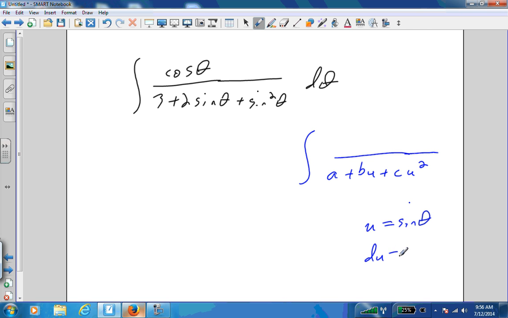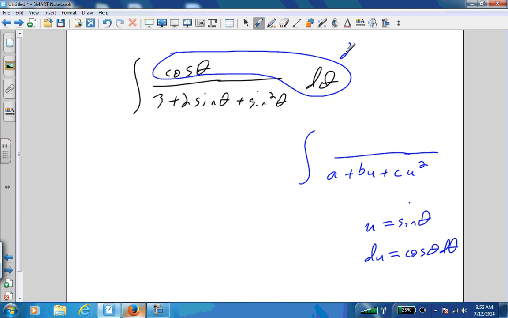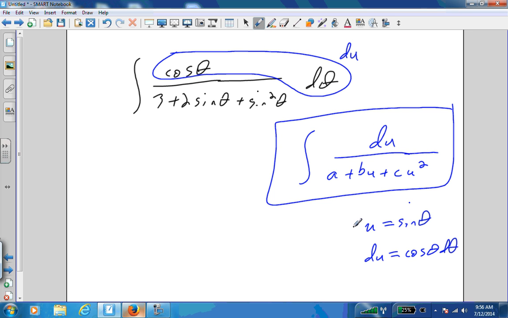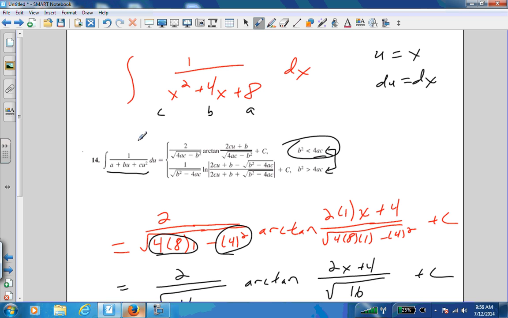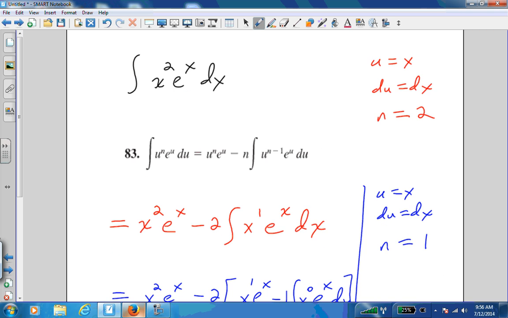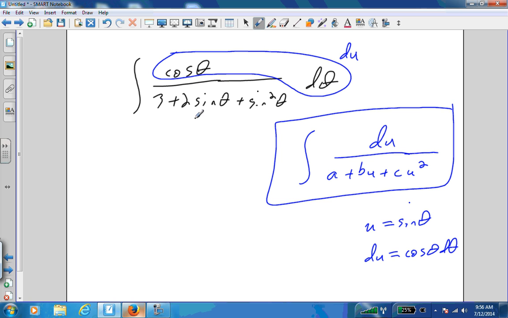So du is cosine theta d theta. So notice all of that is du. So we have du on top, a plus b u plus c u squared on bottom. We integrated one of that form earlier, this one. So we would just use that same formula, except this time our u is sine theta. And of course our a, b, and c are different as well.